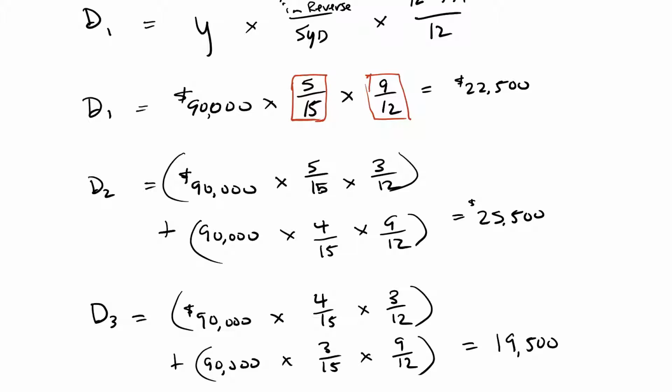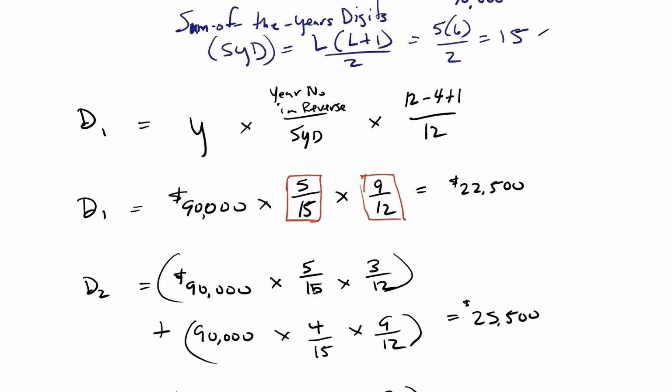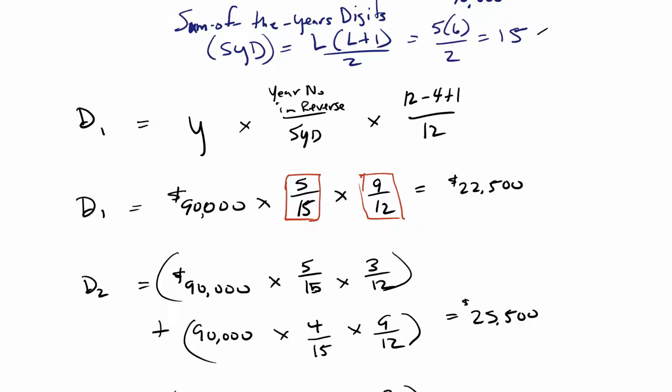I'd like for us to take a look, though. Let's focus on this second year of depreciation, because the first year involved only one of these calculations where we were taking the depreciable cost and multiplying by an SYD fraction, and then multiplying by a fractional part of the year.